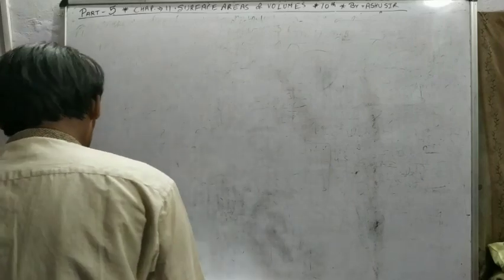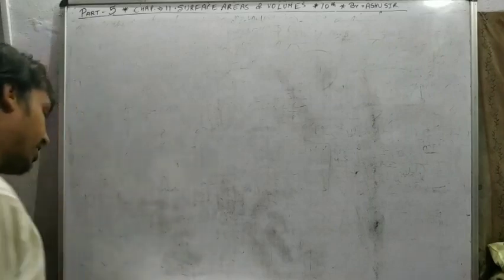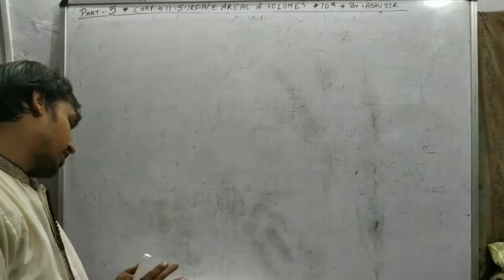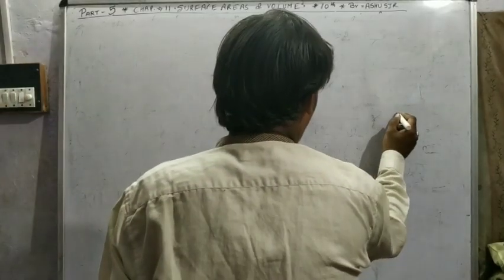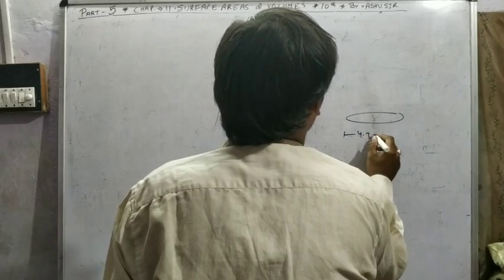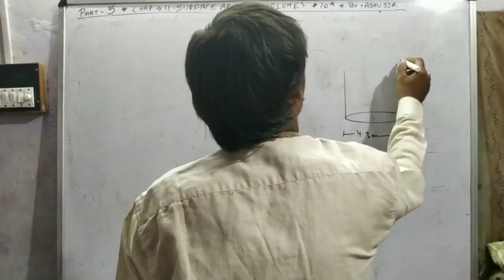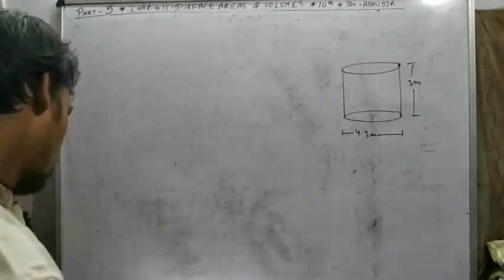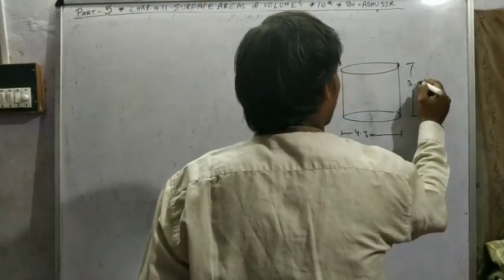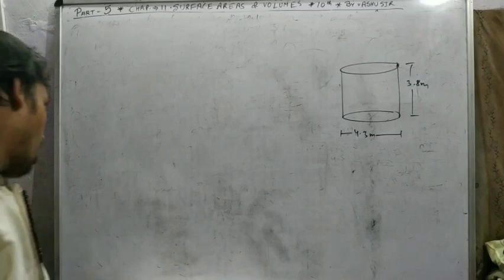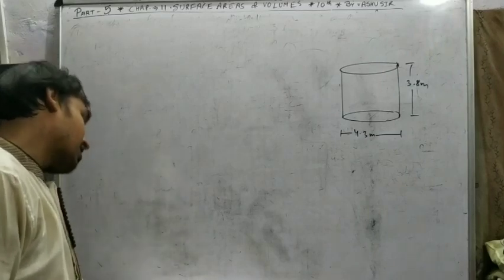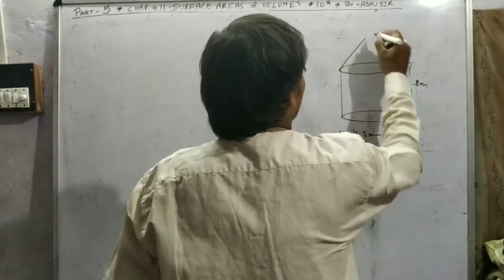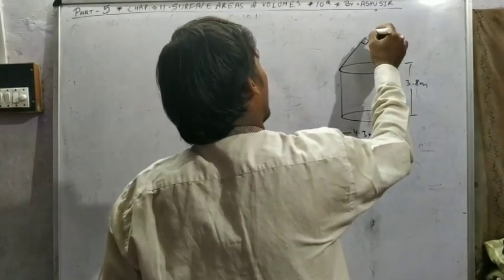The question is: the interior of a building is in the form of a cylinder of diameter 4.3 meter and 3.8 meter height, which means the cylindrical part has diameter 4.3 meter and 3.8 meter height, surmounted by a cone whose vertical angle is a right angle.